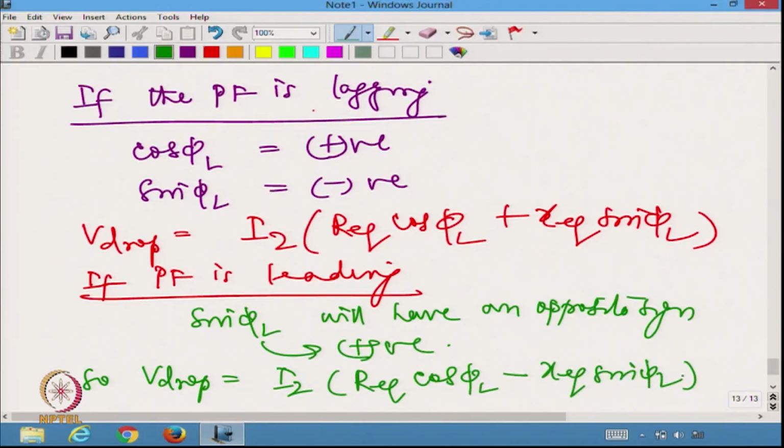Whenever we have a leading power factor, it can so happen that R equivalent cos phi L and X equivalent sin phi L cancel out with each other and we may not get any drop at all. If X equivalent sin phi L dominates over R equivalent cos phi L, then we may get a positive regulation.